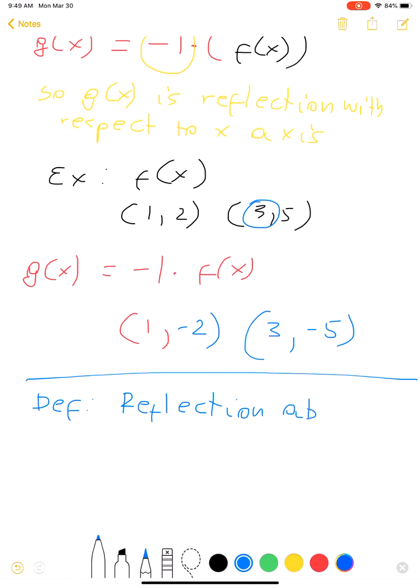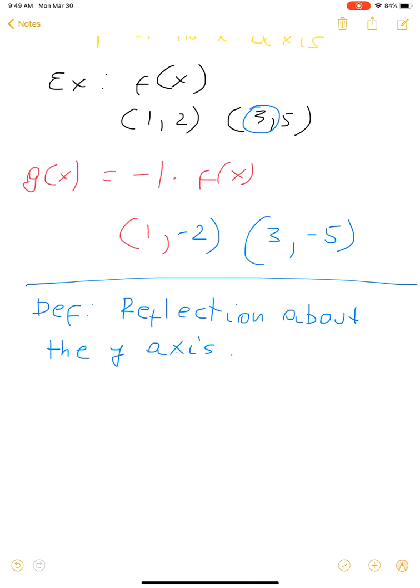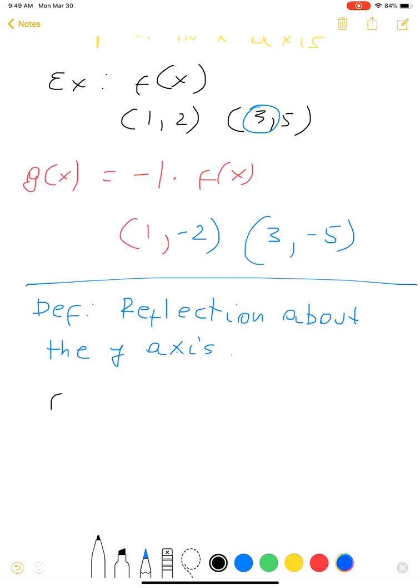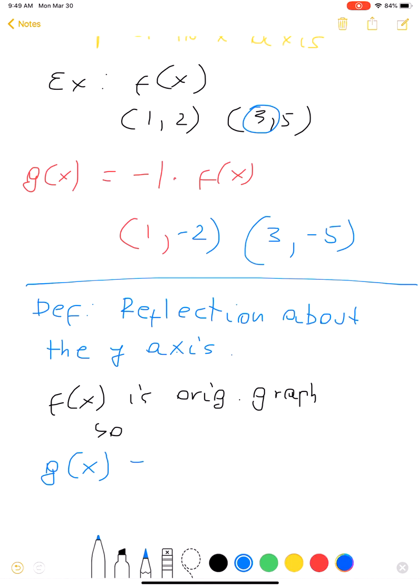About the y-axis. Okay, so the definition will be here: f of x is the original graph, so g of x is equal to f of negative x.